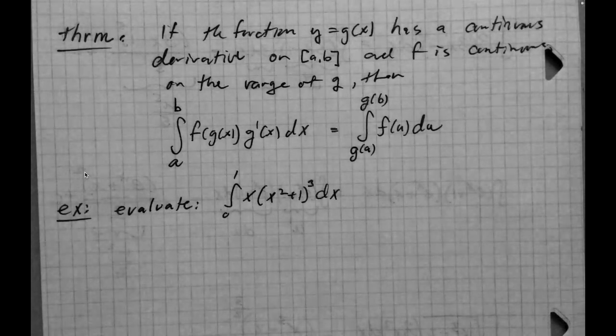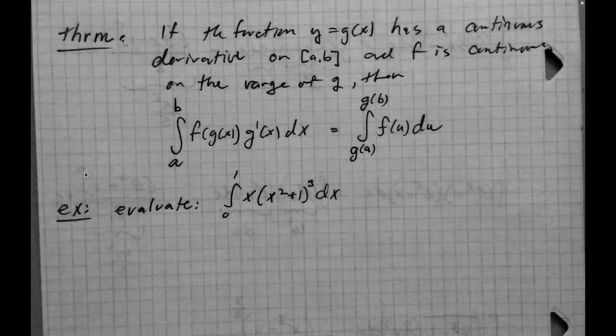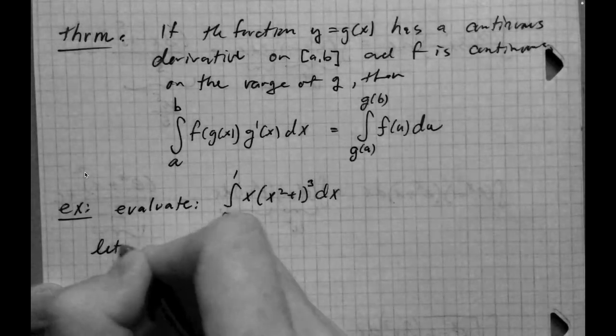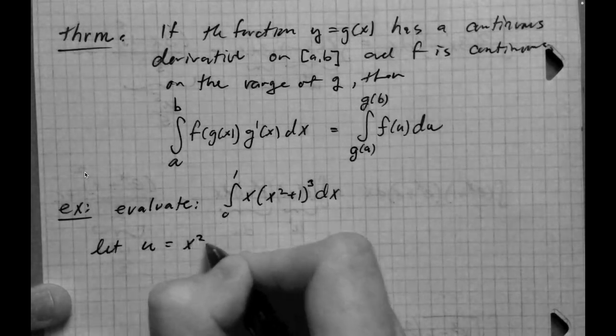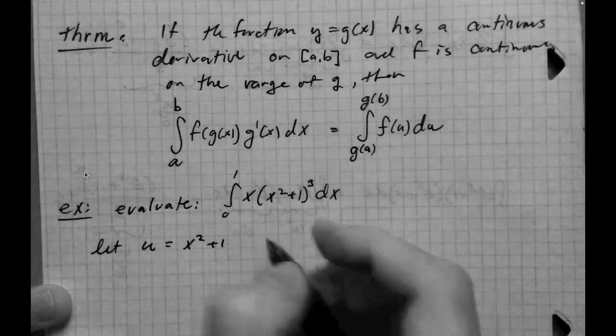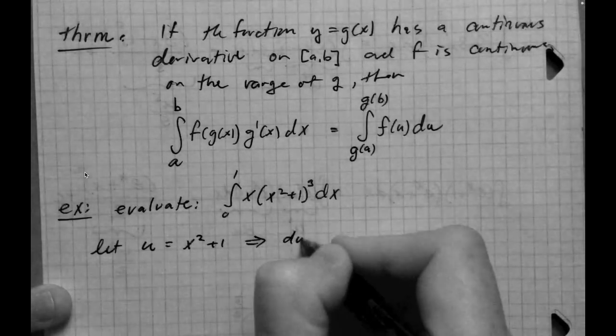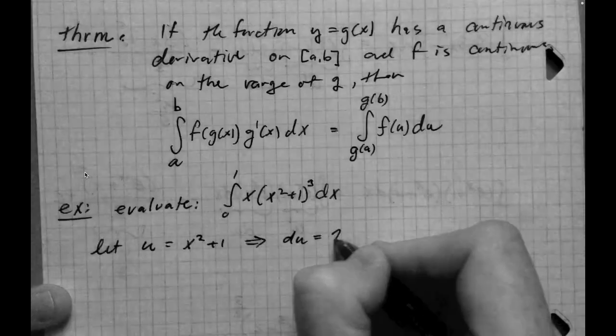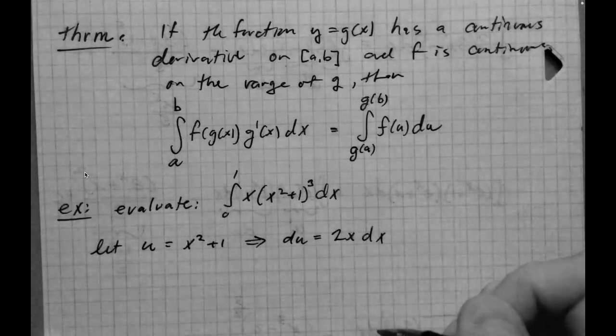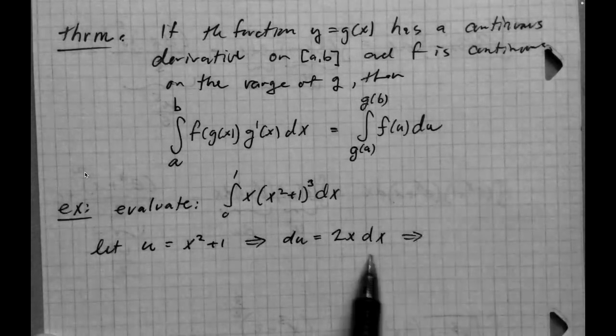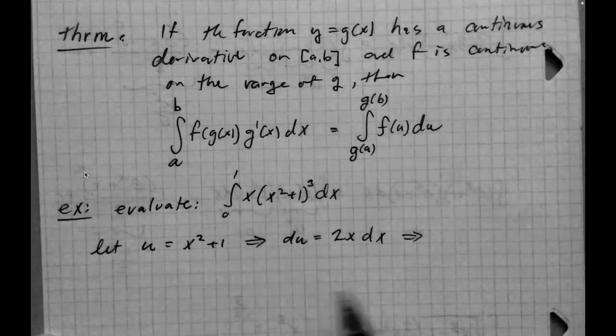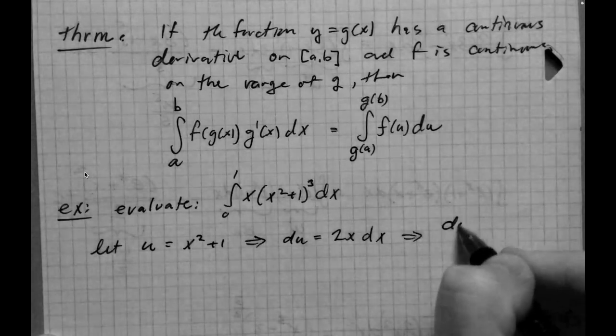So we're going to use u substitution here. So let u equal x squared plus 1. Then du is equal to 2x dx. And so that means, looking up here, I've got an x dx, so x dx is equal to du over 2.